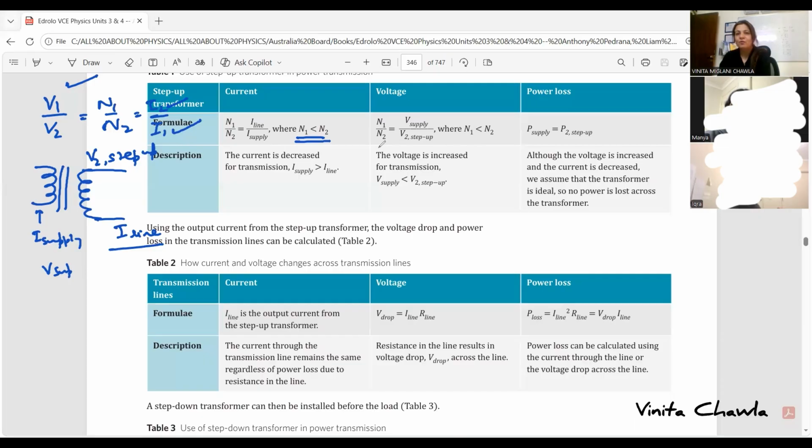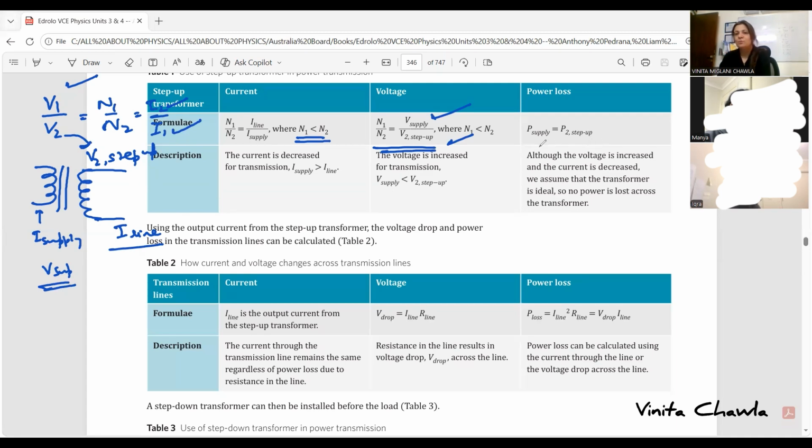Same we can apply for voltage. These are directly proportional. So N1 by N2 can be written as V1, which is V supply, the voltage in the primary, and V2 is V2 step up. So in place of V1, we can write V supply, and in place of V2, we can write V2 step up.